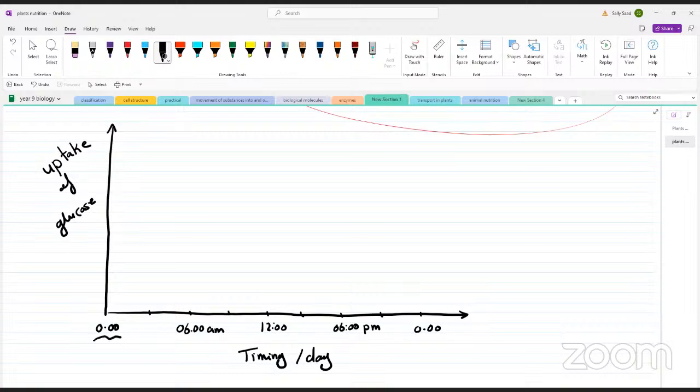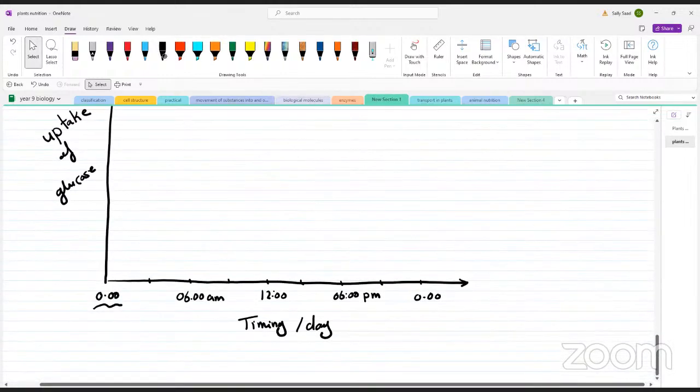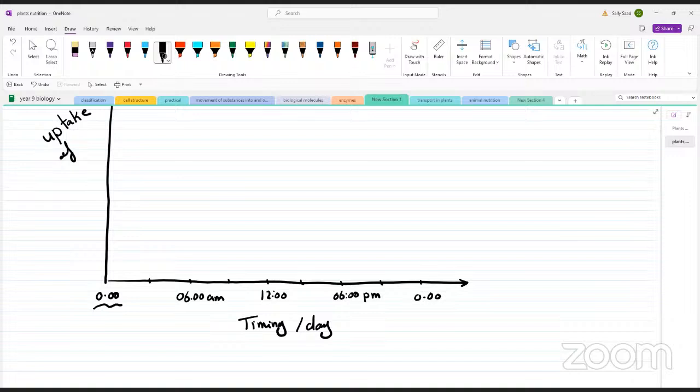Right, during midnight, which process is going on now, respiration or photosynthesis? Definitely respiration, no light, it's dark. So at that time, the plant definitely will not take carbon dioxide, but the opposite.